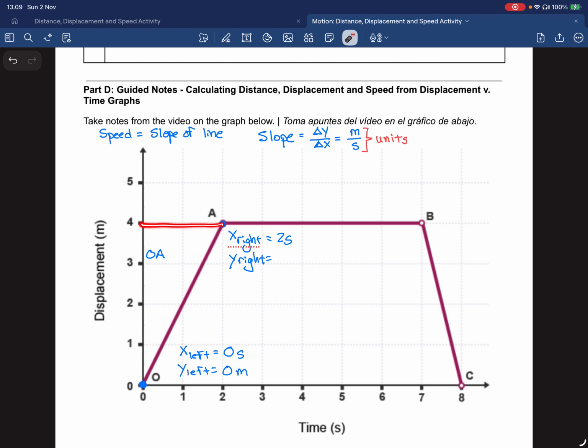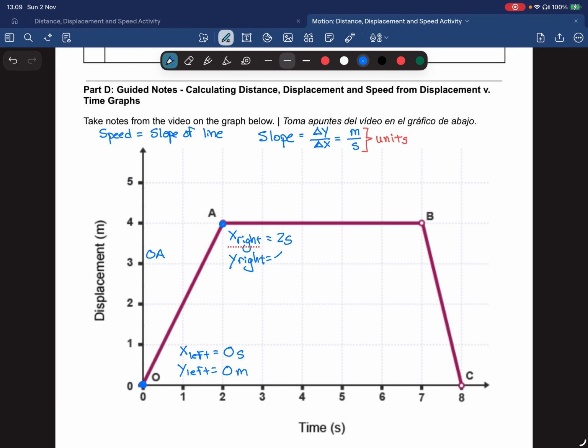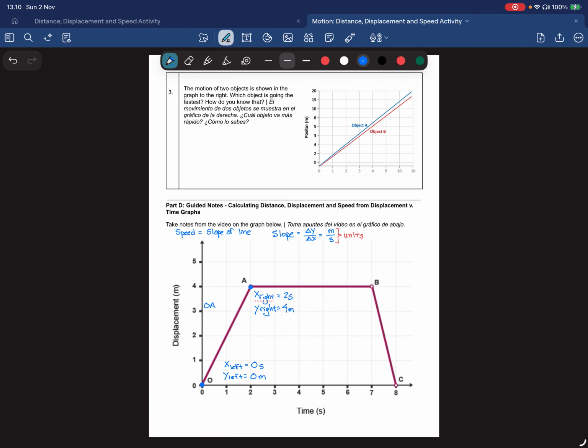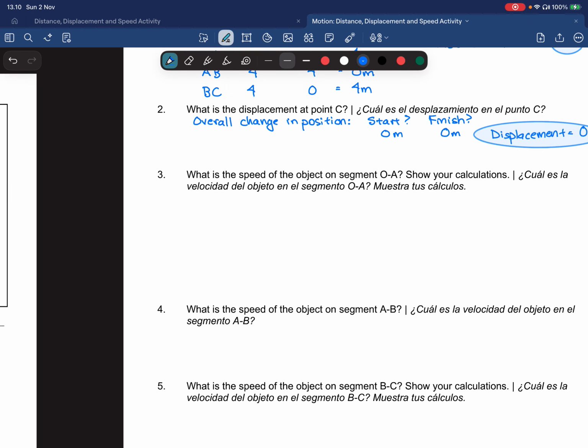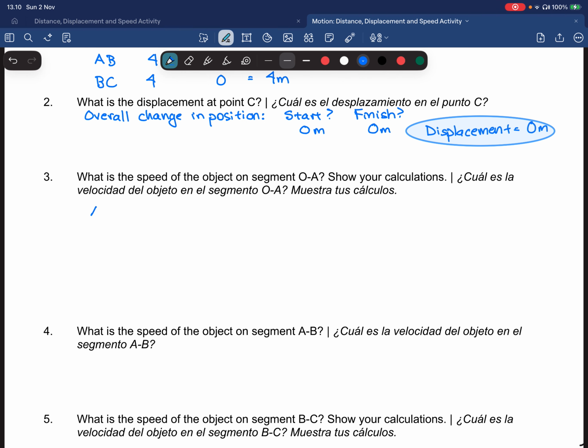Y right is 4 meters. Now we're going to take those and put them into our calculation. Our calculation is always delta y divided by delta x.